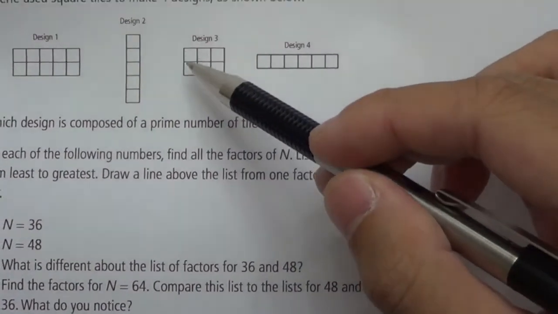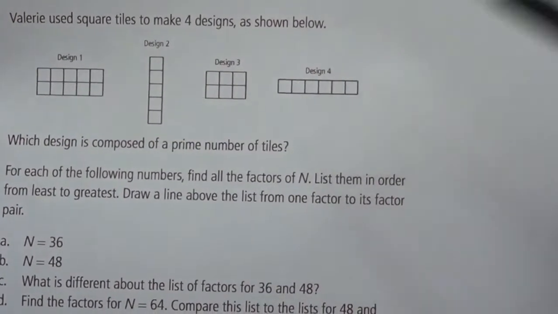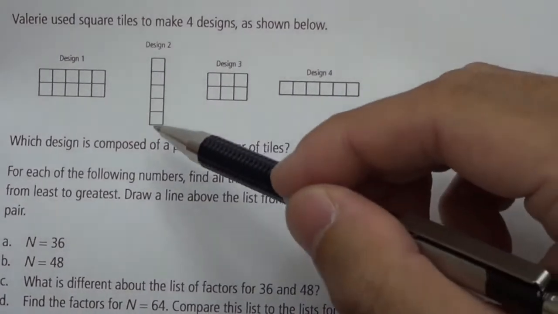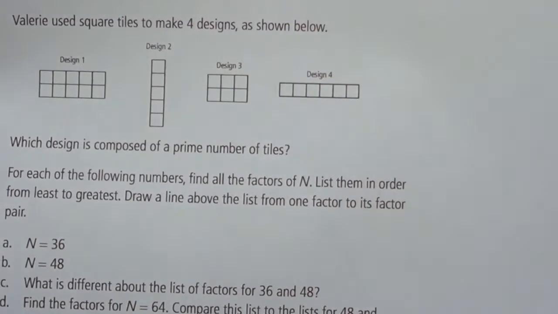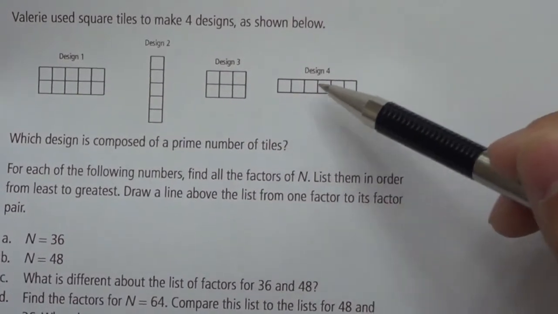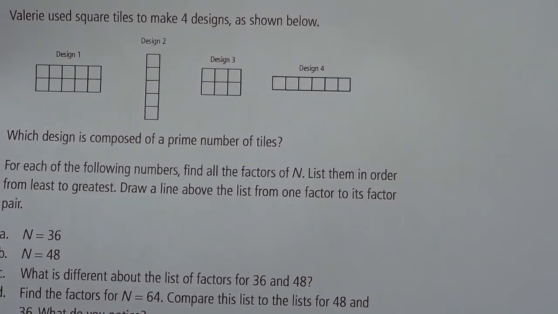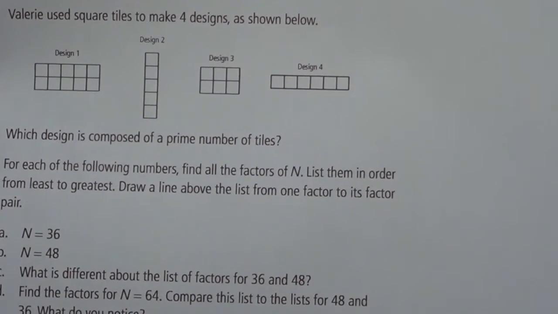So over here, 2 times 3, 2 and 3 are factors. Right? The ones over here you would just need to count because it's just a single column or a single row. Then you would just need to count that this is 1, 2, 3, 4, 5, 1, 2, 3, 4, 5, 6, and then find out which of those numbers are prime.